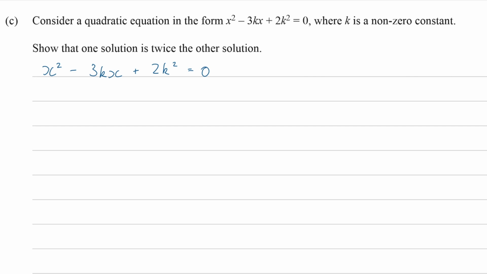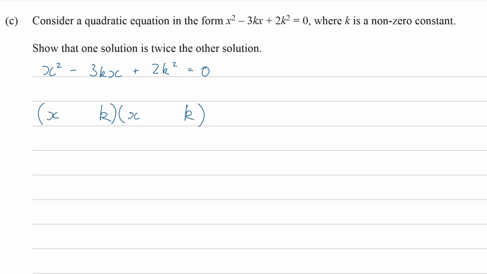So to get 2k squared, we know both of them must have a k in it. Right, if one of them had a k squared and the other one didn't, then we would have the group-like terms. So we know there will be a k in both of those numbers.